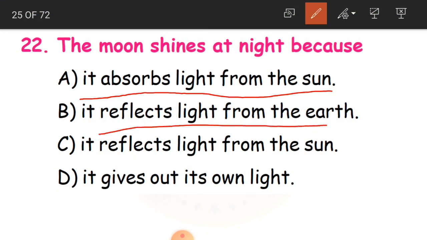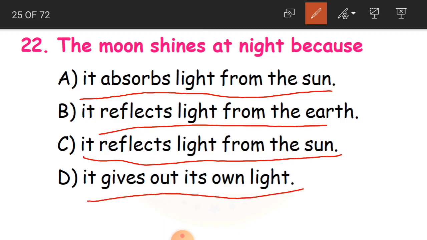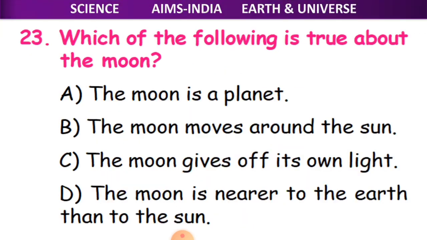It reflects light from the earth. It reflects light from the sun. And it gives out its own light. So the moon shines at night because it reflects light from the sun. So because of that, it is going to shine at night.